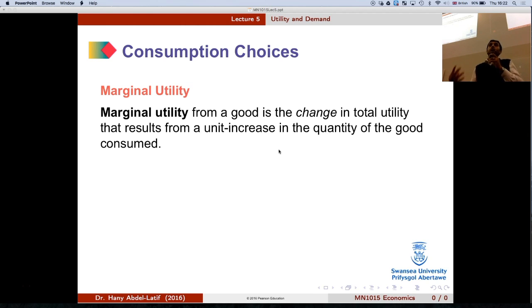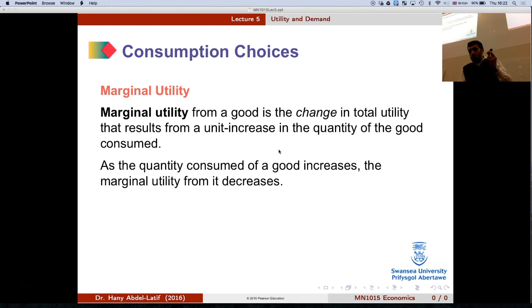So when you consume one extra unit, when she watches one more movie, how much that extra movie contributed to the total utility, that is the marginal utility. So that is the utility from watching that one extra unit or one extra movie. And that's what we're going to look at now.